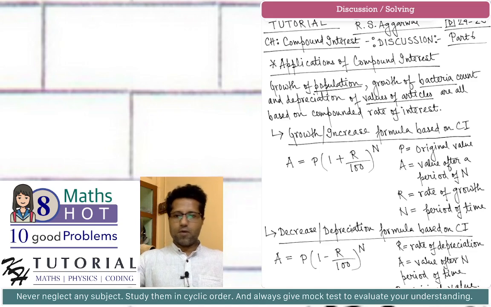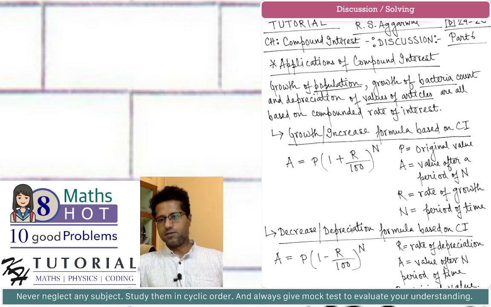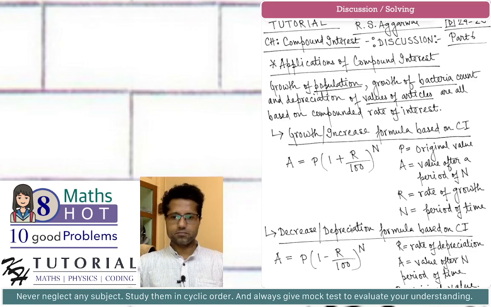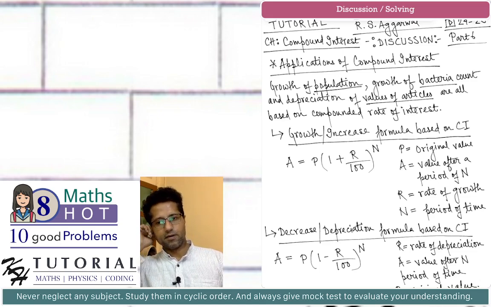For population and cost of articles, it is usually in years, and for bacteria count, it could be in hours. Okay, so this is the fundamental formula of growth or increase of a quantity based on compound interest. That is, the rate of interest is compounding.